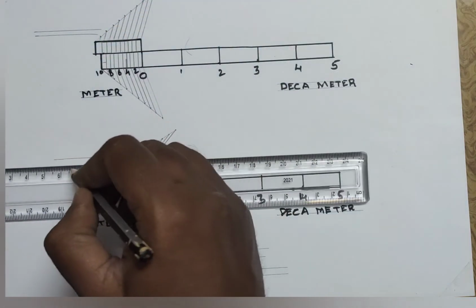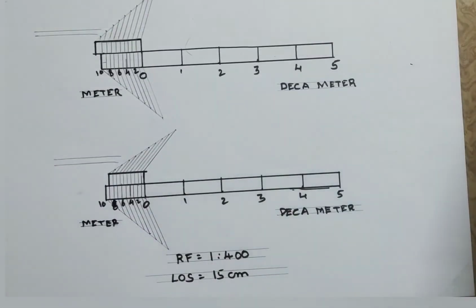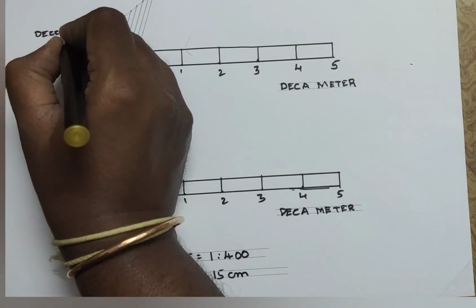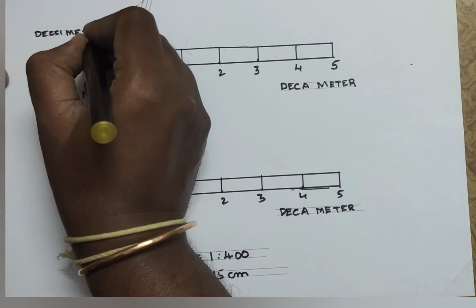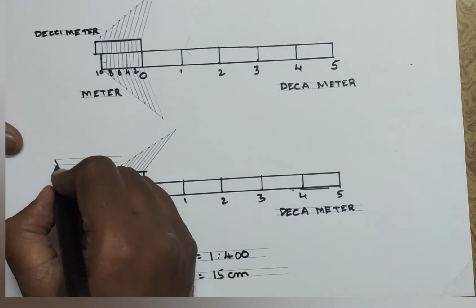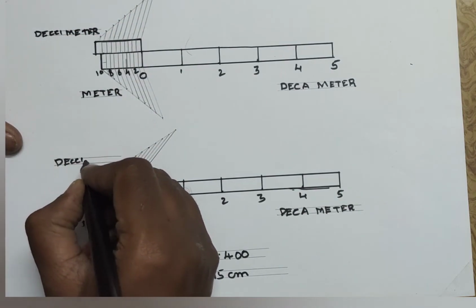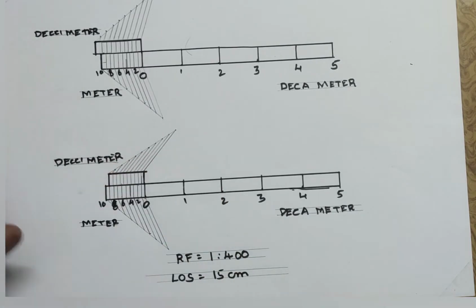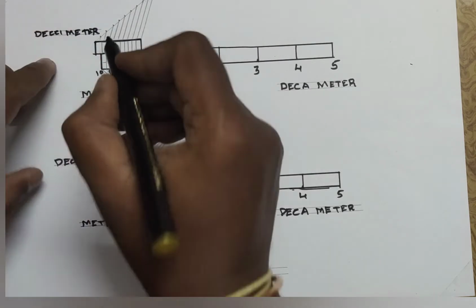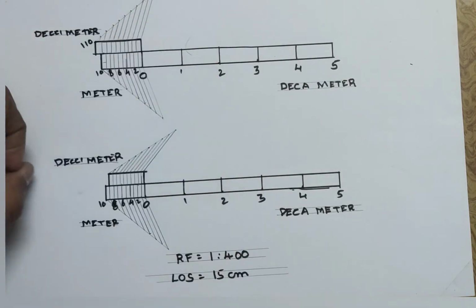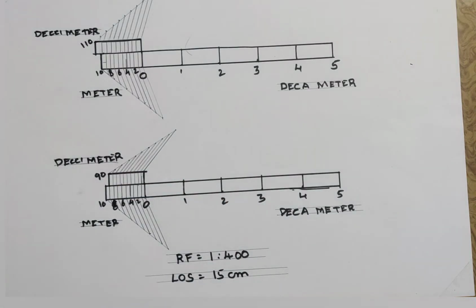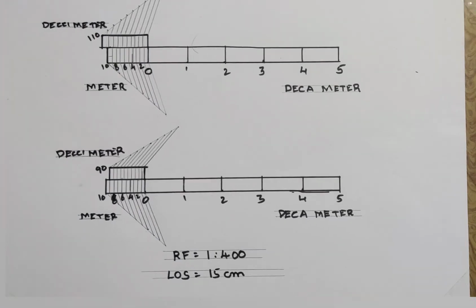Vernier unit will become decimeter. Now here 11 meters is nothing but 110 decimeters. In this case it is going to become 9 meters, sorry, 90 decimeters. 9 meters is nothing but 90 decimeters.